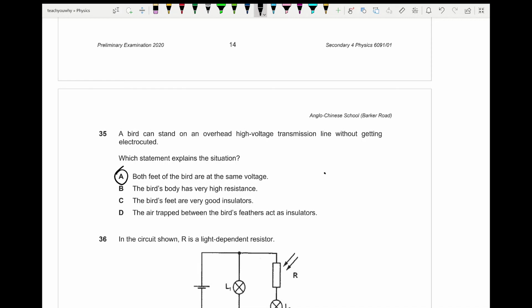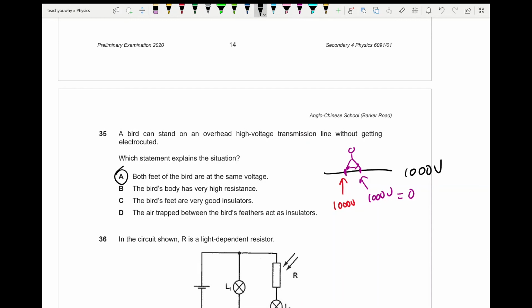For instance, let's say I have a 10,000 volts wire. If the bird is standing here and here, my voltage here is 10,000 volts and my voltage here is also 10,000 volts. What's the difference between these 2 points? The difference is 0.